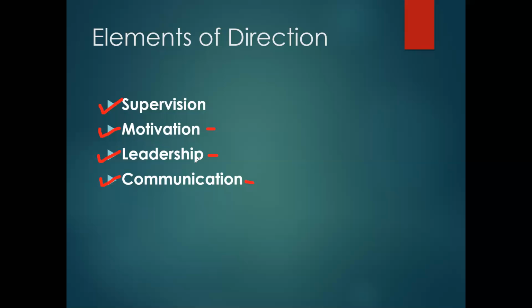Because once you understand the message in totality and the instructions are followed in that direction, definitely success would be achieved. So communication is one of the elements of directing. The ultimate objective of communication is to form a common understanding between the sender and the receiver.